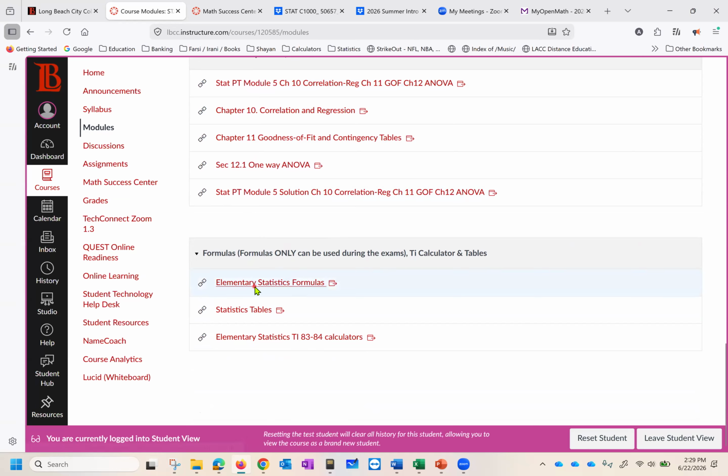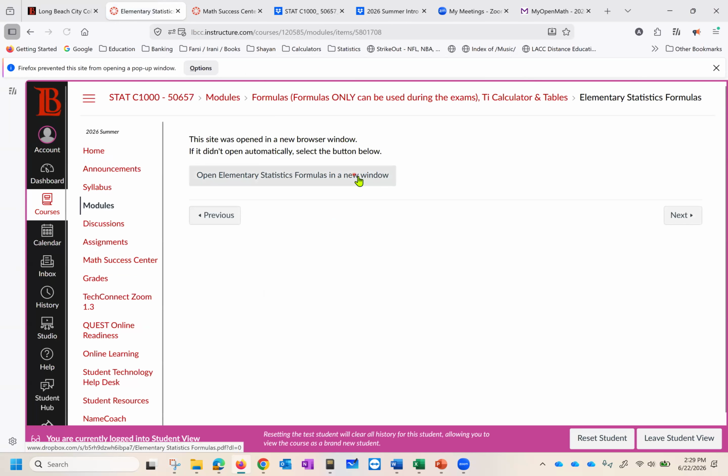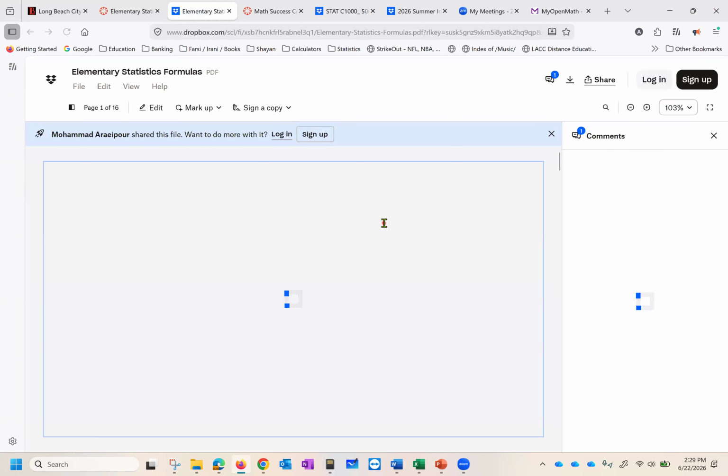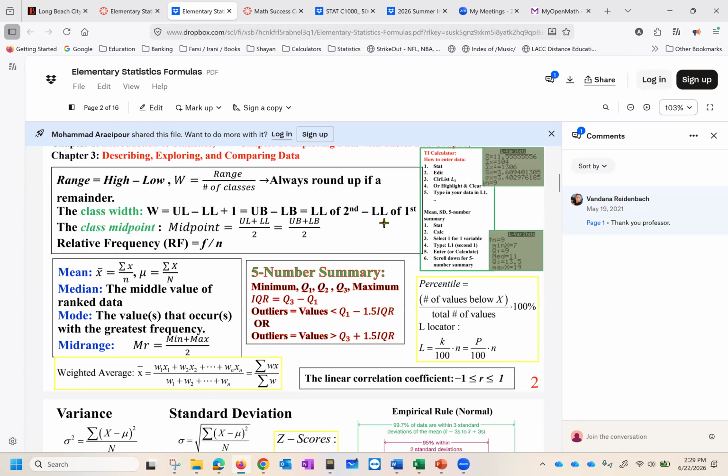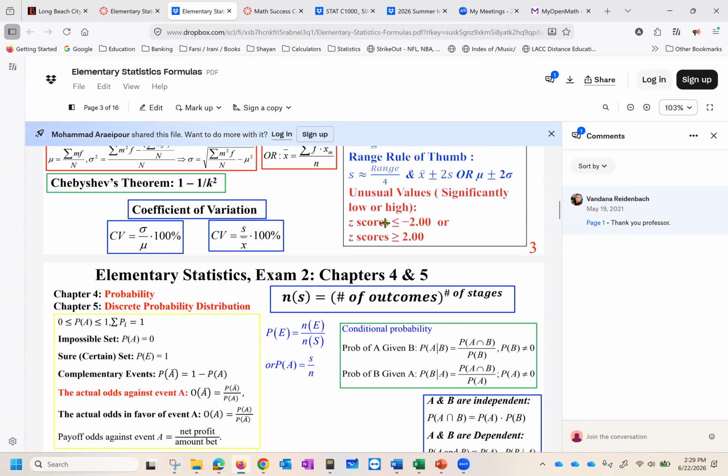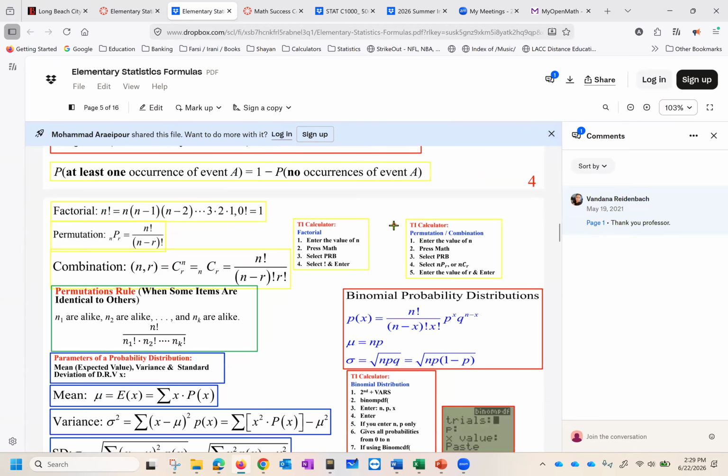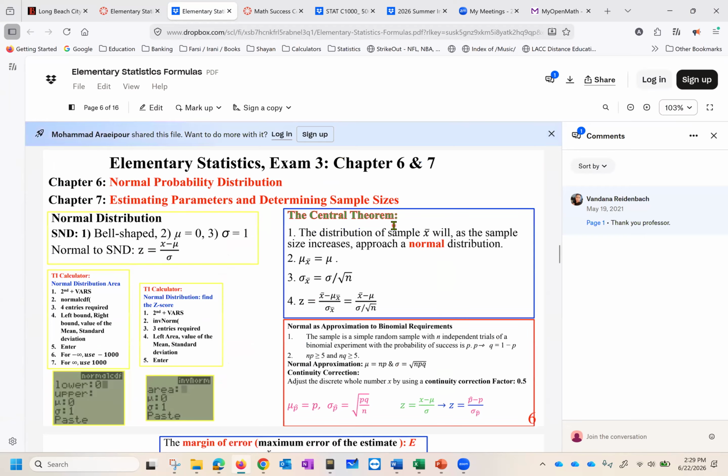Starting with formulas, because you can use a formula sheet and tables for the exam. So here's the formulas, everybody. Because the formulas are involved, it's given to you, and you can use the ones that you need for a specific exam.